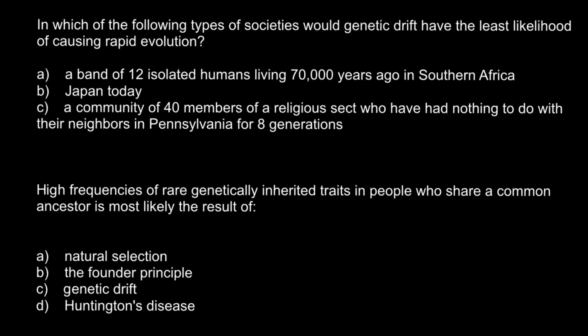Let's talk about each one in turn. So answer A, a band of 12 isolated humans living 70,000 years ago in southern Africa. Imagine that these 12 people represent a gene pool, and because the gene pool would be limited, the number of different alleles would also be limited.